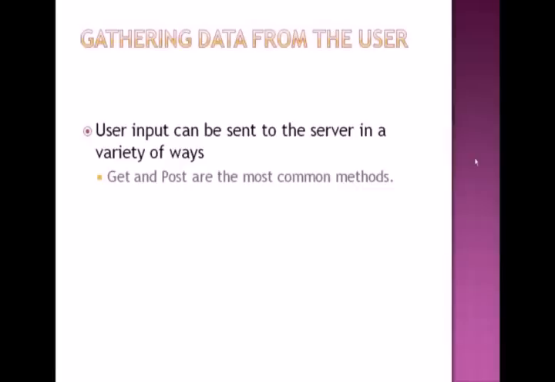This input can be sent in a number of ways, and the most commonly used methods by which data is sent to the server are the get and the post methods. We have seen so far that the get method appends the data to the address of the page, and the post method sends it in the body of the request for the page.